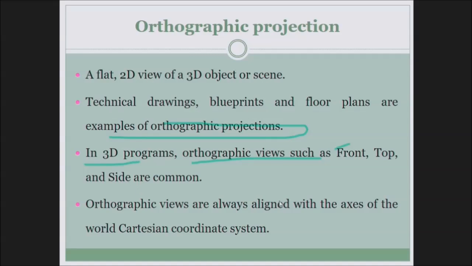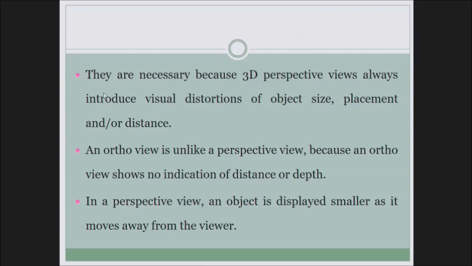These orthographic views are always aligned with the axes of the world Cartesian coordinate system. They are necessary because 3D perspective views always introduce visual distortion of object size, placement and distance. A 3D perspective view is what you see by your eyes, the way you see. But while you are modeling, you have to have proper size. For that, orthographic projection is the best.